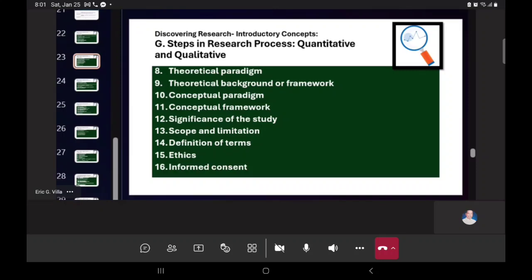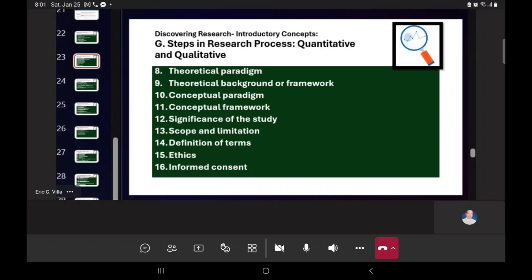The ethics considerations permeate all aspects of research, ensuring protection of participant rights, ensuring data integrity, ensuring responsible research conduct, and ensuring compliance with ethical guidelines.